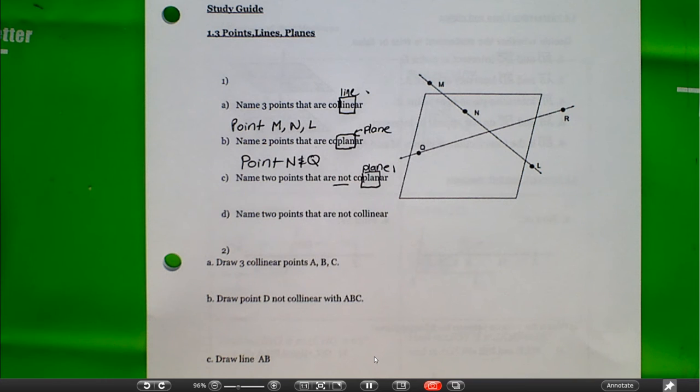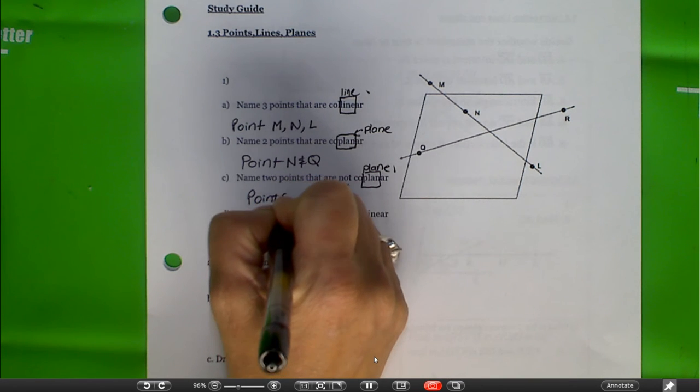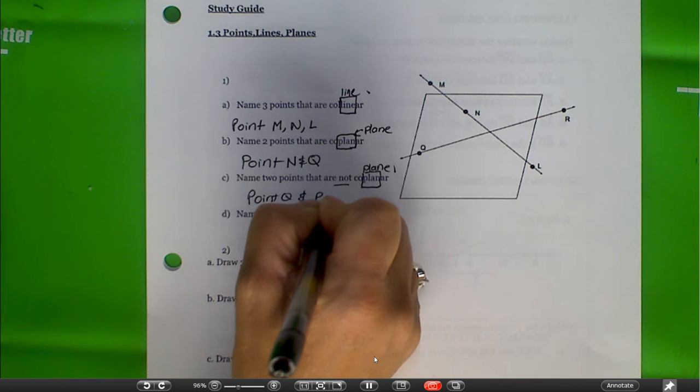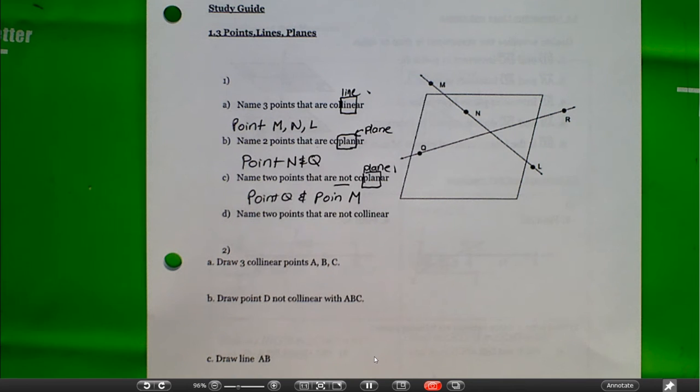So I'm going to say point Q and point M. There are many. There are several that are not on the same plane. As long as you do not put point Q and point N, you are correct, okay?